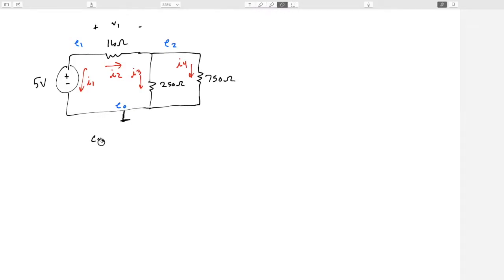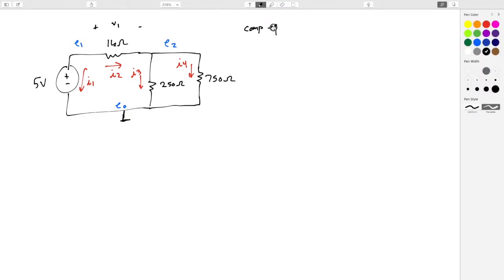Actually, let's do them over here. So right here, the 5-volt source on the left side is saying 5 volts equals E1 minus E0, or 0 volts, because E0 is our ground node, 0 volts. The 1 kilo ohm resistor is going to be saying E1 minus E2 over 1 kilo ohm equals I2.